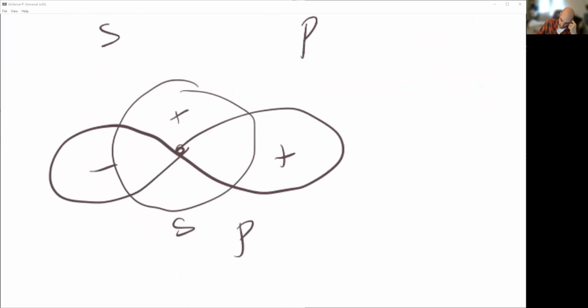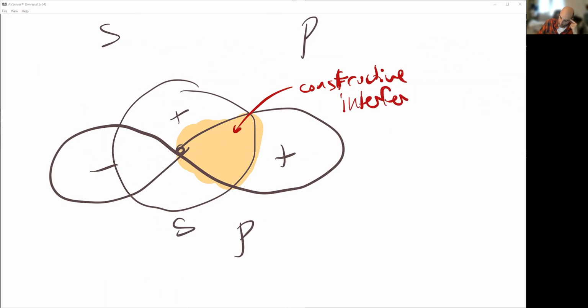So when we take a look at this, what we're going to see right here is constructive interference. Constructive interference, meaning those two are going to reinforce one another because I have the positive s and, again, this is positive, this is positive.